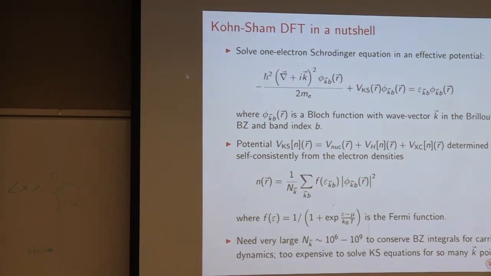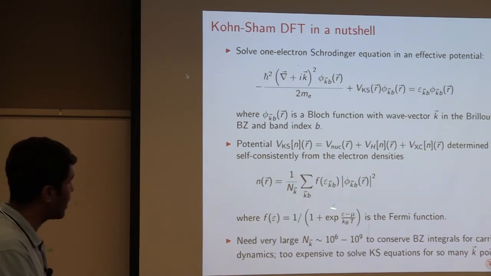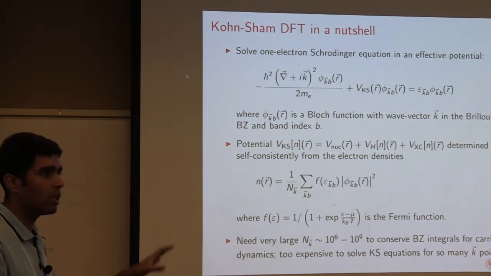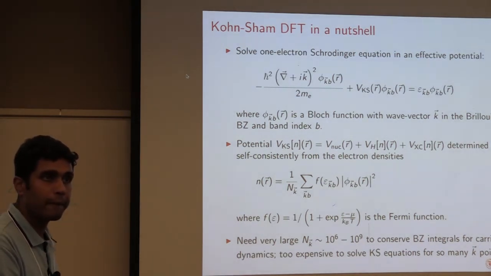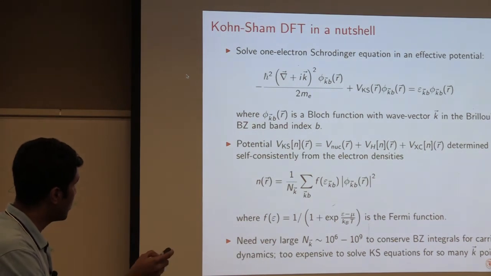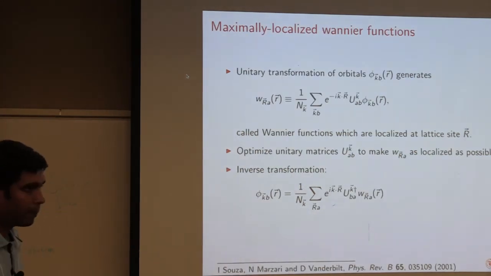So that's where we need this new technique to bridge what we can calculate with nk on the order of 1,000 to something that requires convergence on the larger scale. All right? So that's where Wannier functions come in.